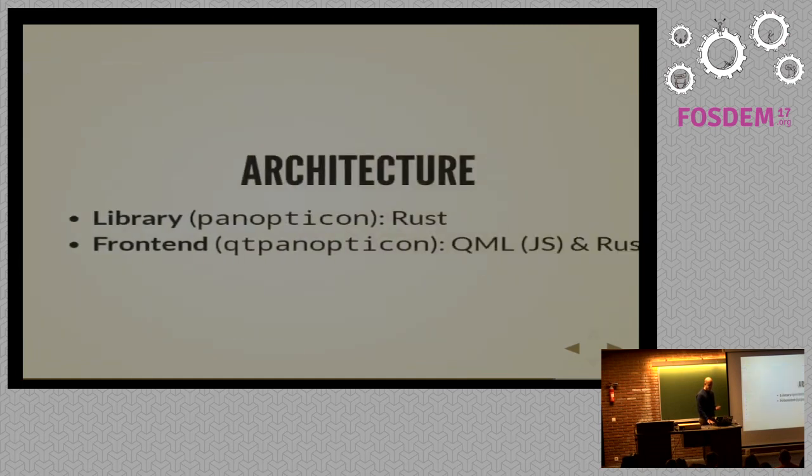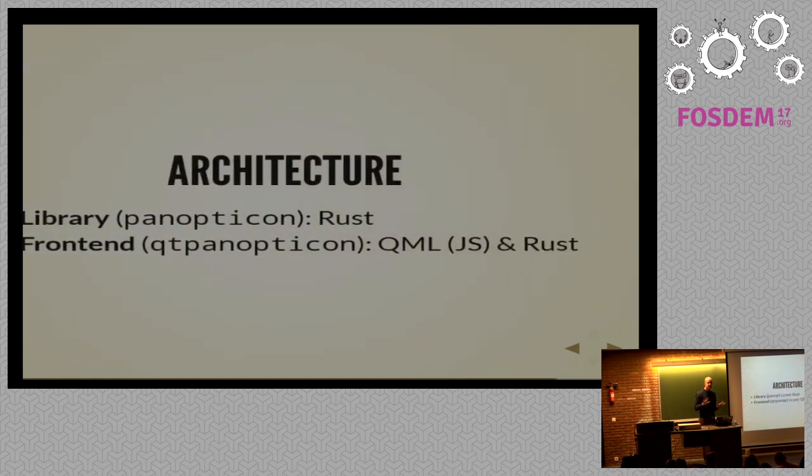So I have a bit of time left, so I will talk a bit about the architecture. The application is in one repository, but it's two parts. We have one library that does all the disassembly, the static analysis, and the representation of the code. And it's written in Rust. In case you never used Rust, it's not that much different from C++, for example.